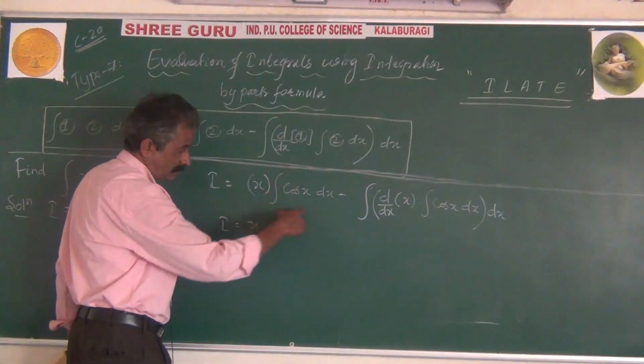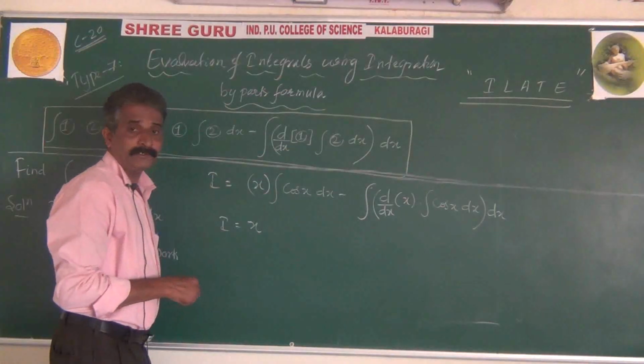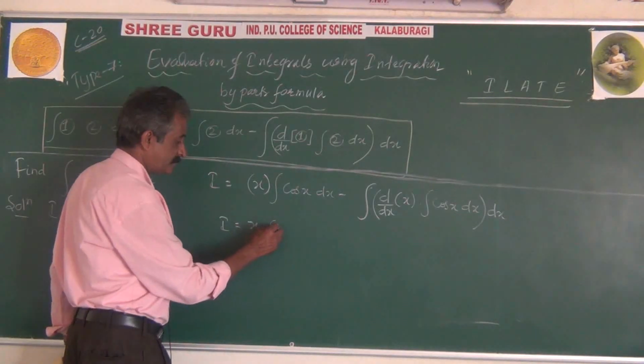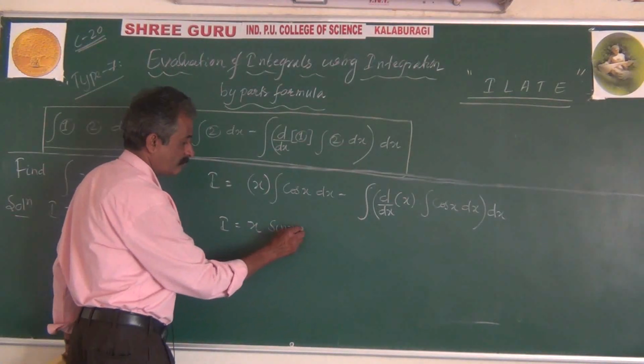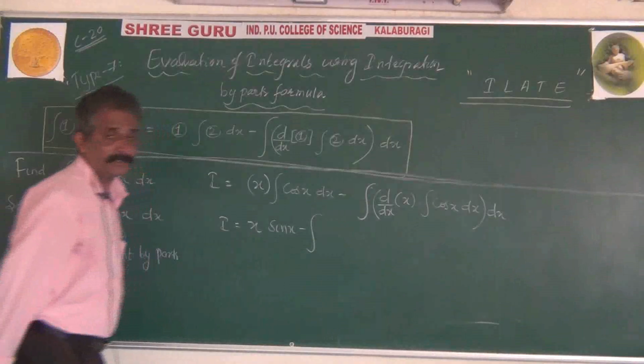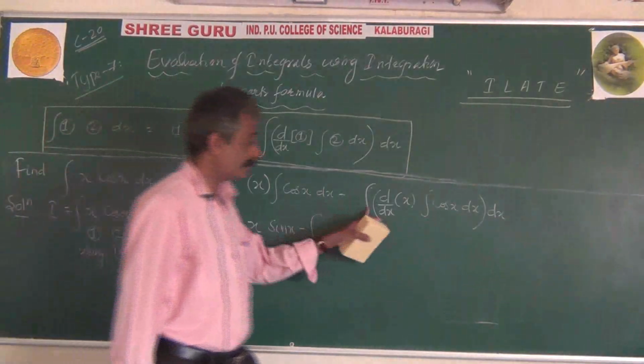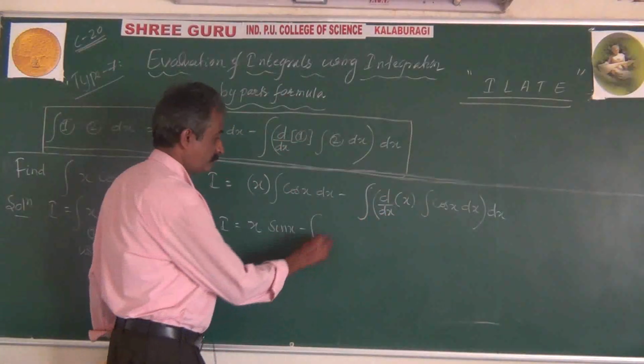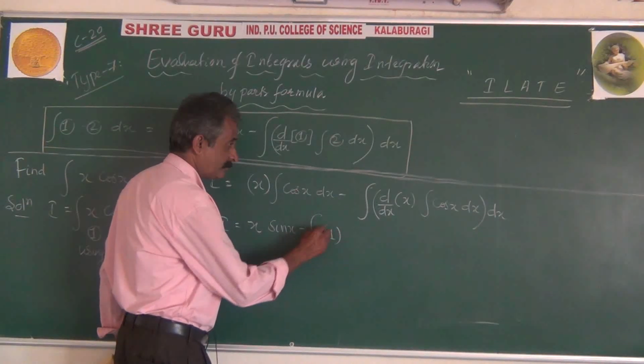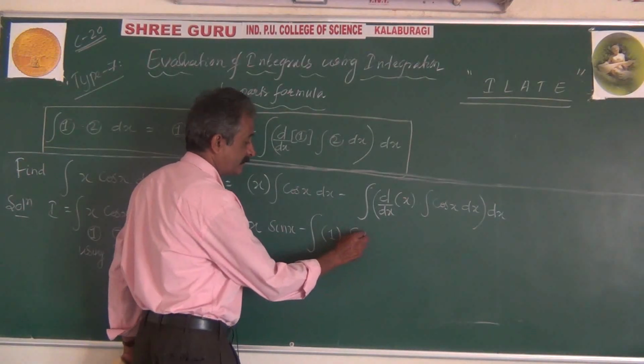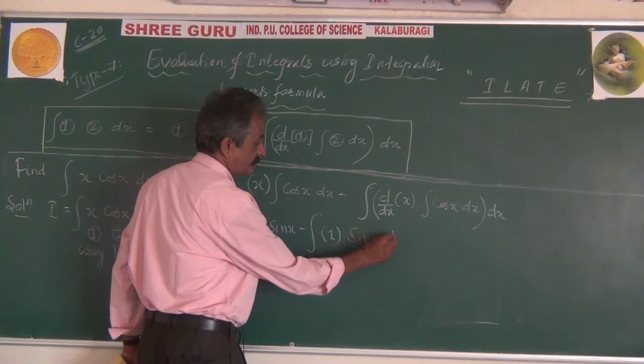X into. What is here? We have integration of cos x is sin x. Minus integration of differentiation of x is 1, into integration of cos x is sin x dx.